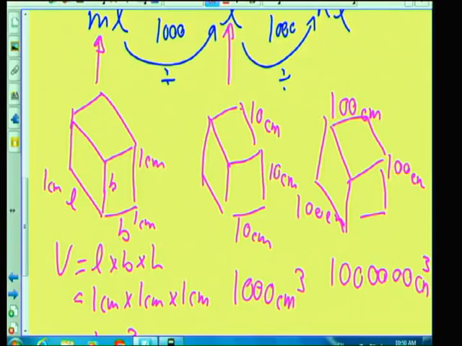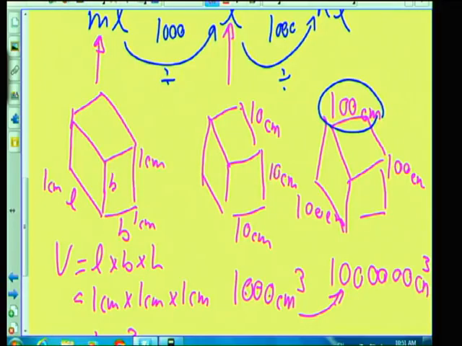Okay? But now, what I hope you can see, that 1 million is actually, this is 1, 2, 3, this is 1,000 jumps. So it's 1,000 times bigger. There's 3, and there's 3, 0, so it's an increase of 1,000. But now, I've done that as 1 million centimeters cubed.